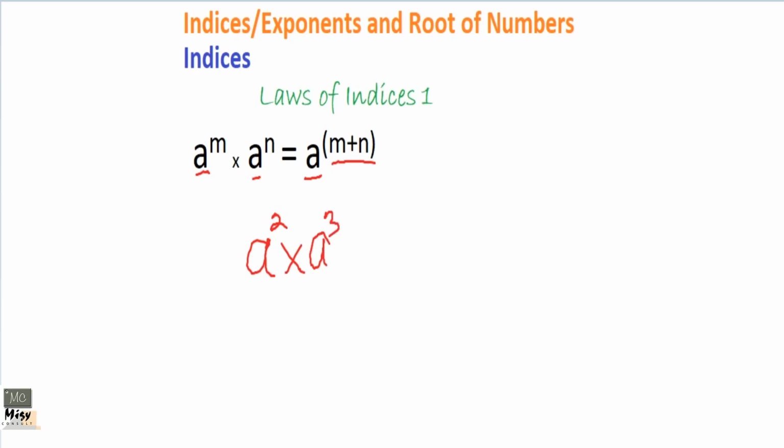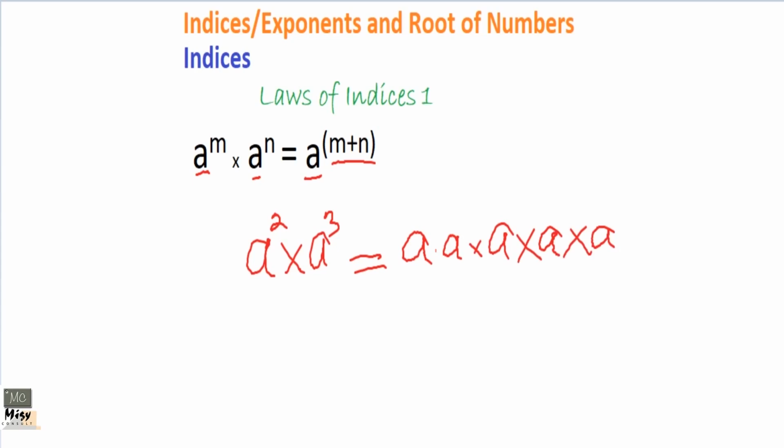Okay, so we don't even want to think about law, so we are going to do what we were told. A raised to the power 2 means that what? A times a, right? And a raised to the power 3, there's a multiplication, so you bring it. A raised to the power 3 means that what? A times a times a.